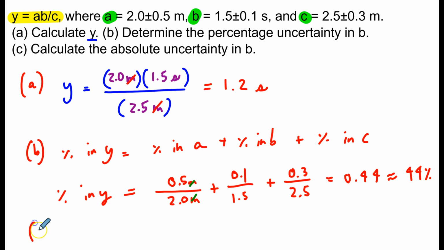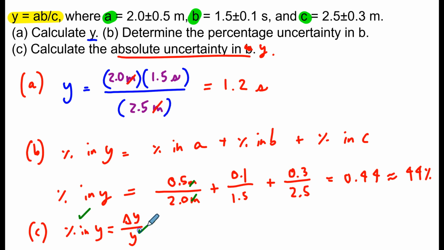Okay, last question says, find the absolute uncertainty in, this should say Y. So here's what we do. The percent uncertainty in Y, or in any value, is always the absolute uncertainty over the value itself. We know the percentage, we know Y, 1.2 seconds, so we can go calculate delta Y, the absolute uncertainty.